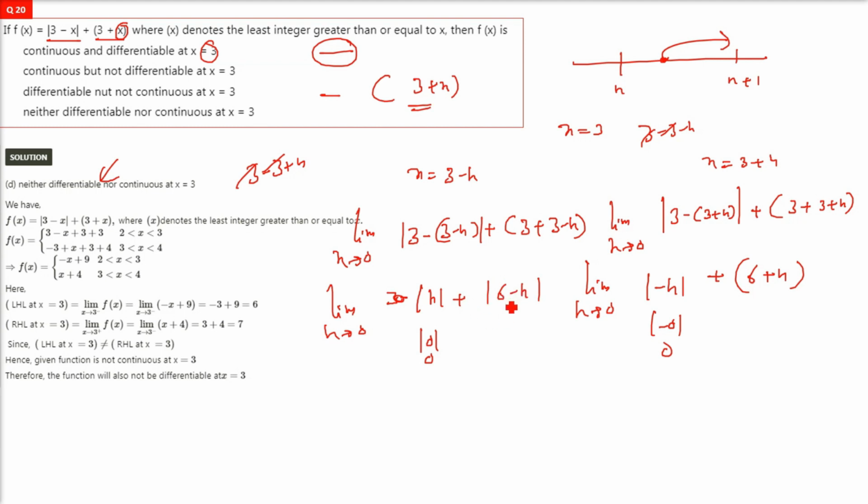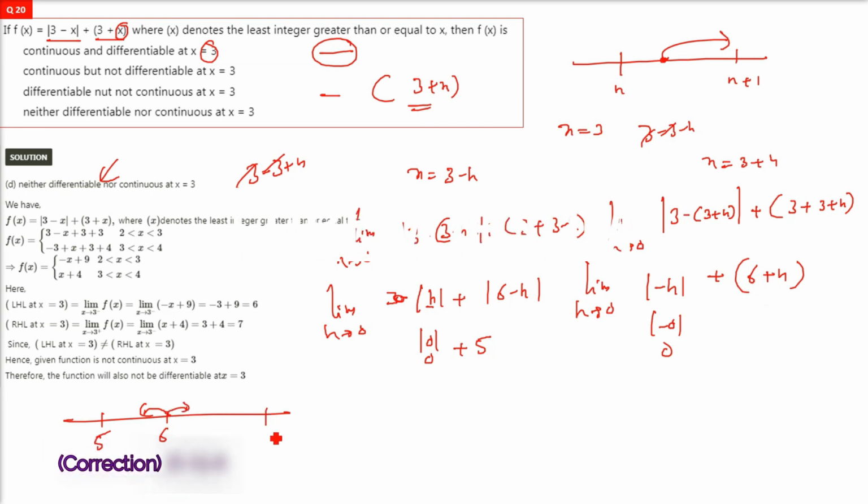Why? Because 6 minus h will give you something, and we have to take the least integer function of that value. That is, you are at 6. You are subtracting something from 6, so the least integer function will always give you a higher value.